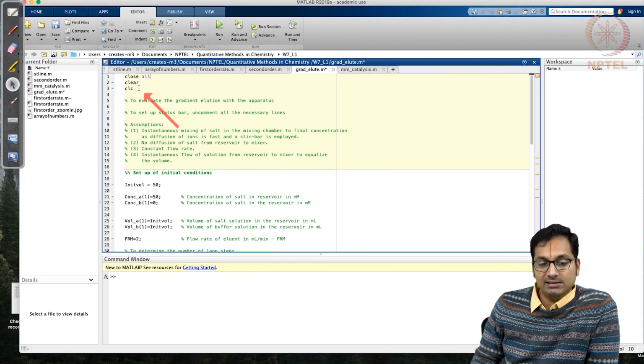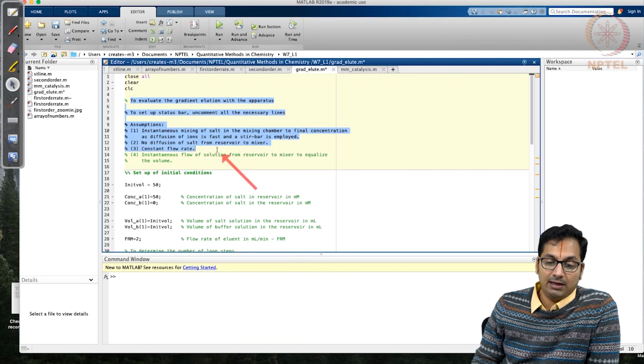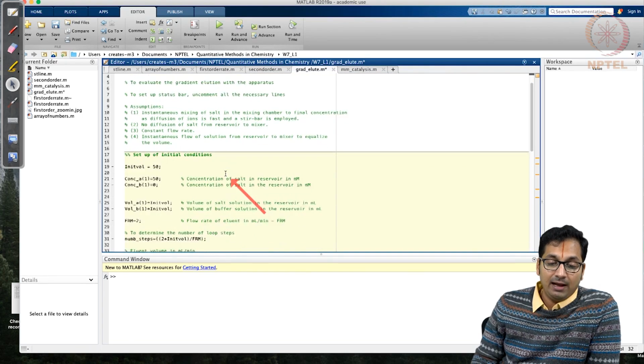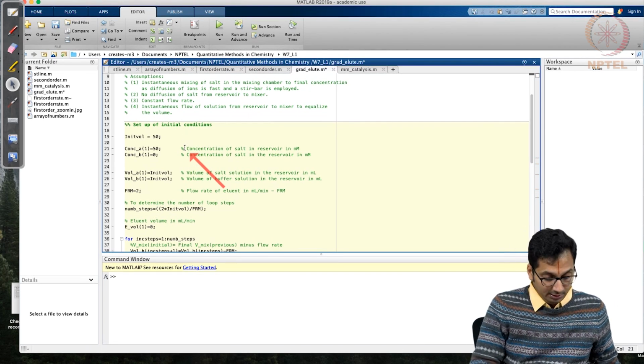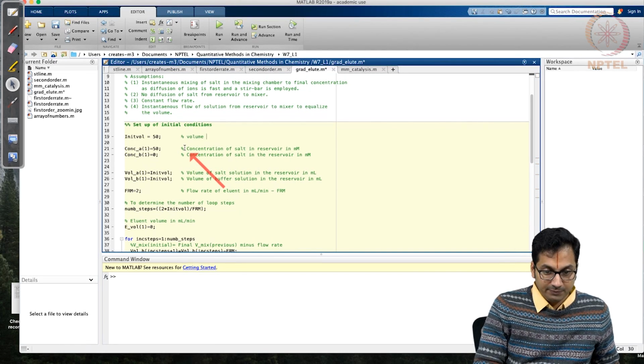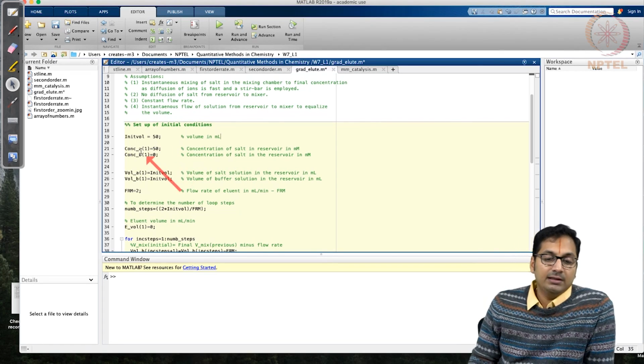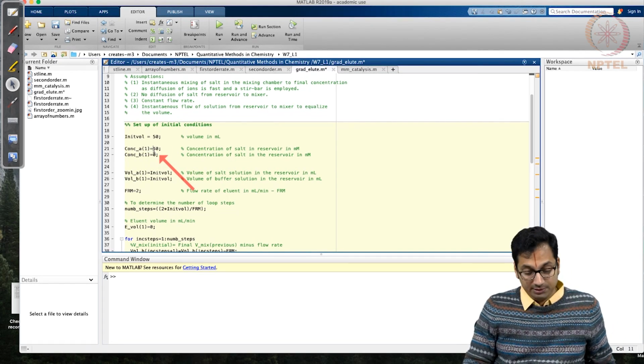Clear cleans up any variable in the workspace, and clc cleans up anything in the terminal. And you see here, the assumptions are also written, and there is a section where initial conditions are set up. I am setting the initial volume to 50, volume in ml, and the concentration we agreed on is 1 molar.